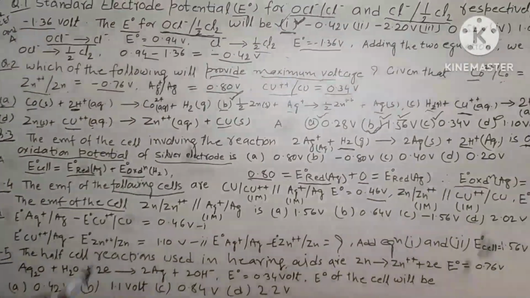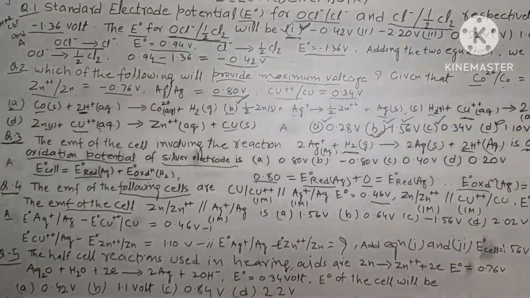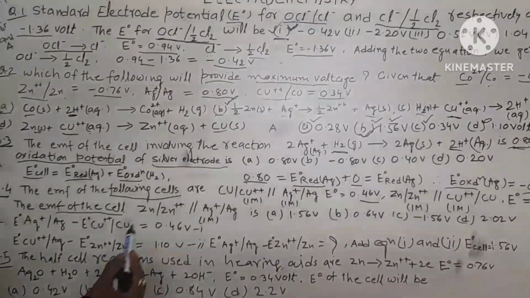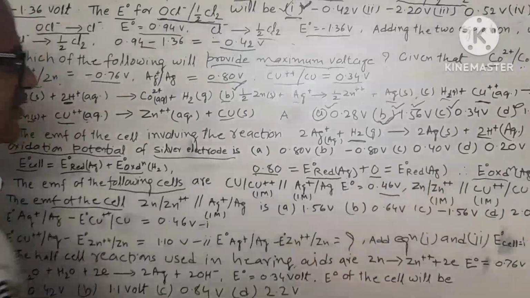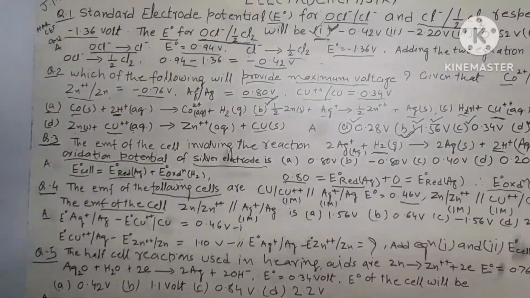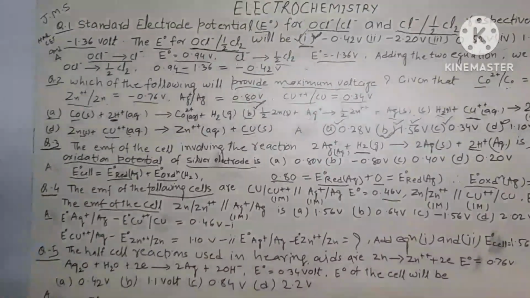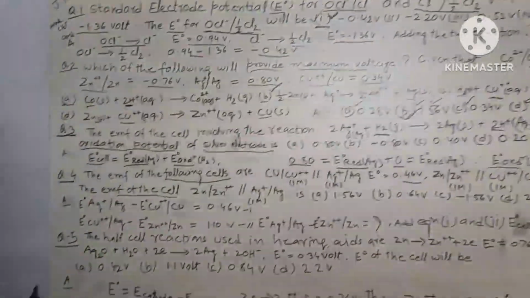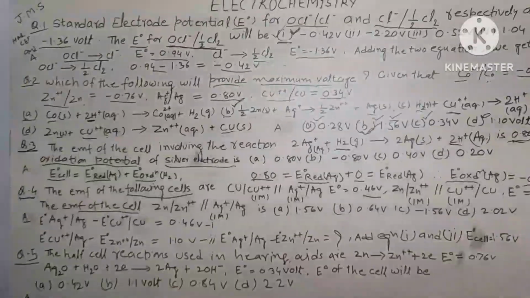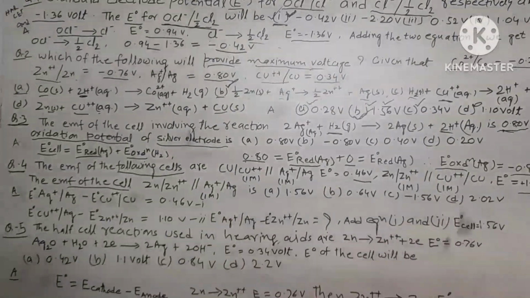You will get the third cell only from the first two cells. By the use of the first and second cell, you will get the third cell. It's not very complicated, but you have to apply your mind.